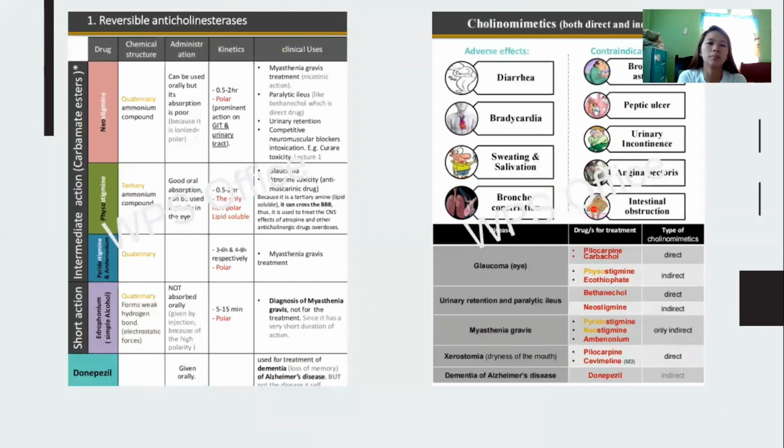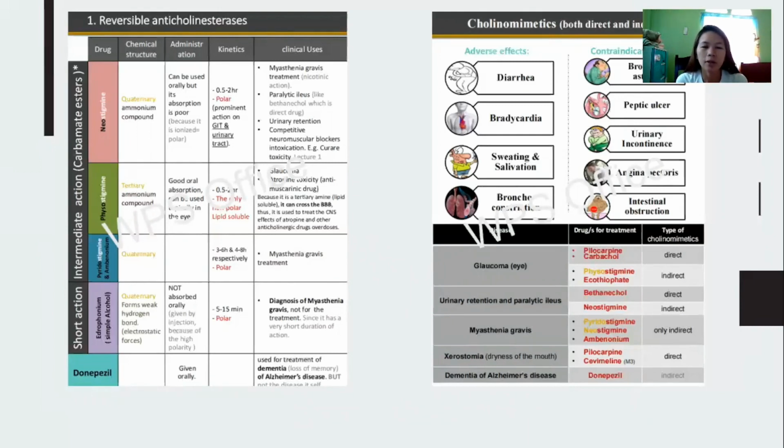In the reversible anticholinesterases, there are short-acting, intermediate-acting, and carbamate esters. Drug: neostigmine. Chemical structure: quaternary ammonium compound. Administration: can be used orally, but its absorption is poor because it is ionized and polar.